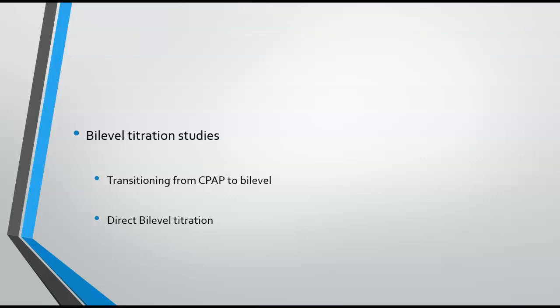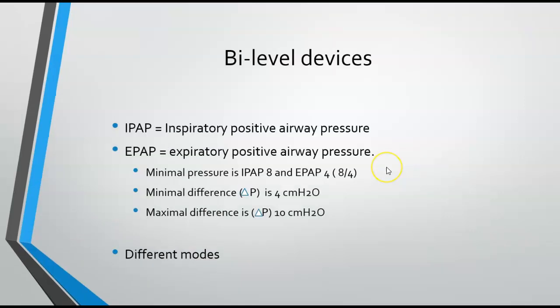Or otherwise, you may start with a CPAP titration, and if the events are not under control even at a CPAP pressure of 15, or if the patient is not tolerating the CPAP, you may transition into bilevel. In either case, from CPAP to bilevel or a direct bilevel titration, the protocol remains the same.